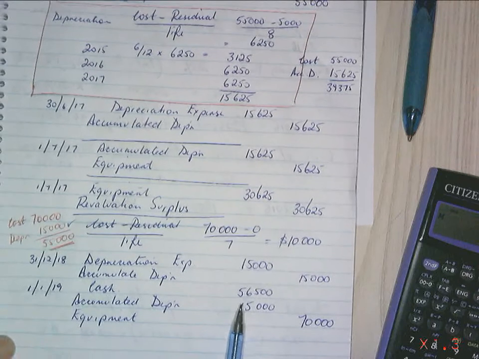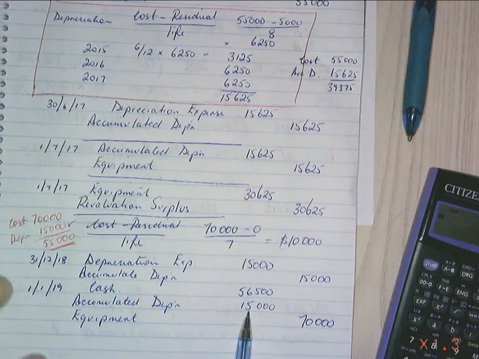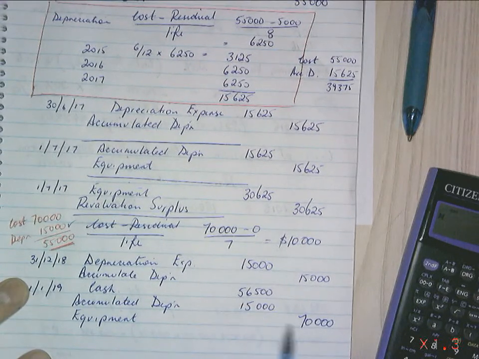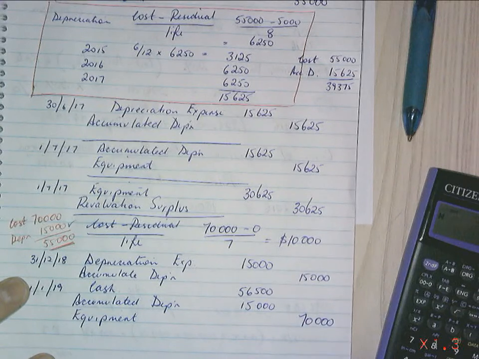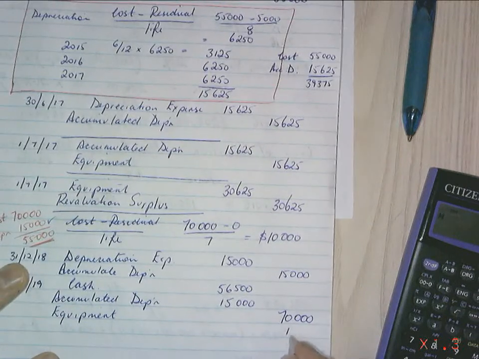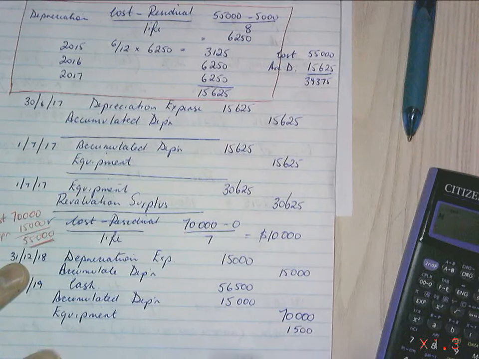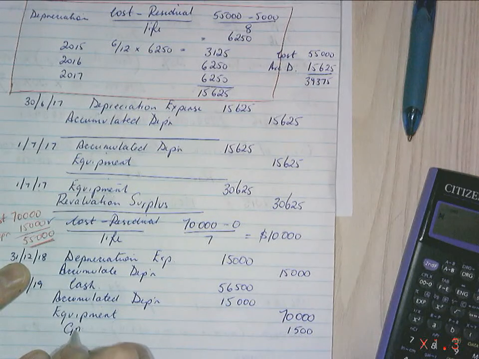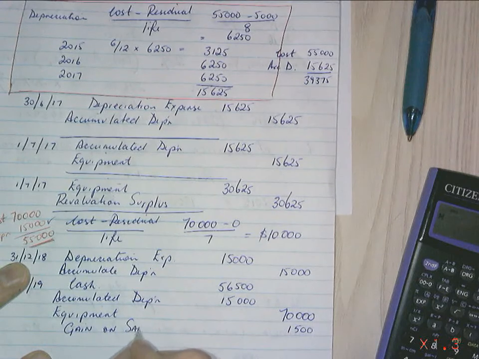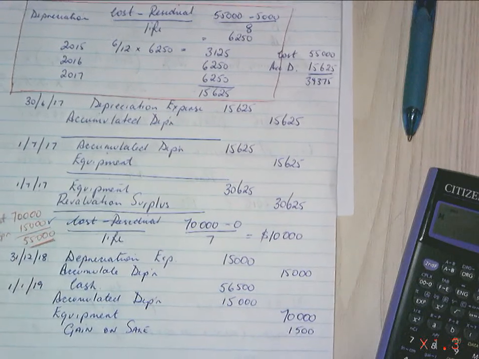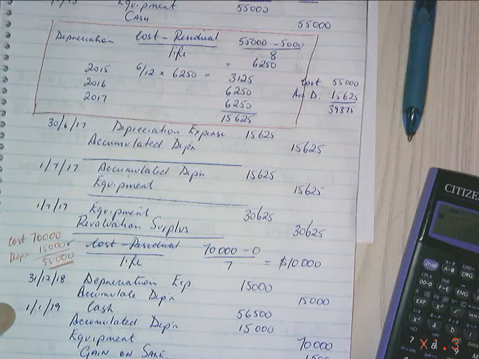Now I have 56,500 plus 15,000 gives me 71,500. So I've got 70,000 on the other side, so it means that I make a gain on the sale of 1,500, because gains are credits and losses are debits. Alright, so that's my calculations.